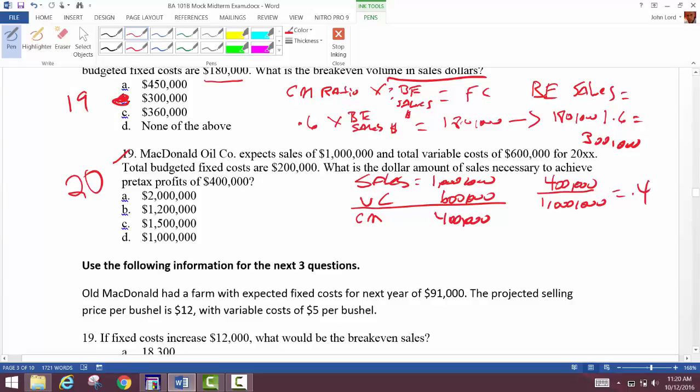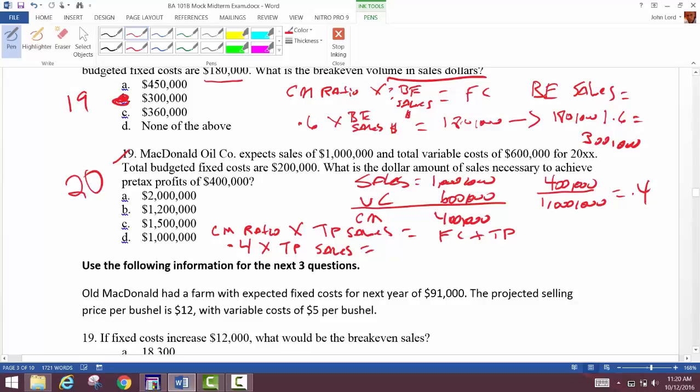And then I'm going to say my contribution margin ratio times my target profit sales has to equal my fixed cost plus my target profit, right? Okay. So my contribution margin ratio is how much here? 0.4. My target profit sales is the unknown in this problem.